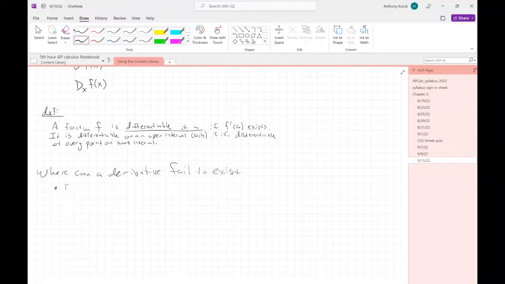So, easy answer is some kind of discontinuity. So in the case of our square root function, right, we had a start. So that would be a problem.